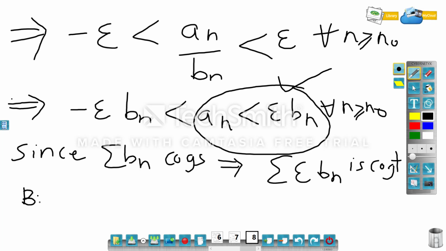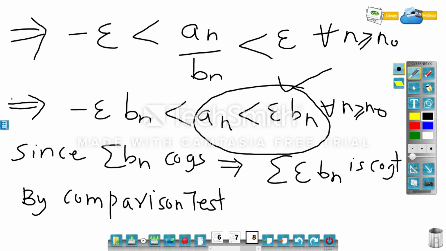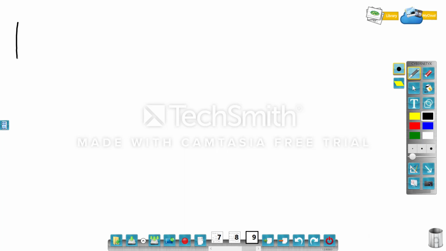So by comparison test, series An is convergent. This completes the second part of the proof. So let's now prove the third part.